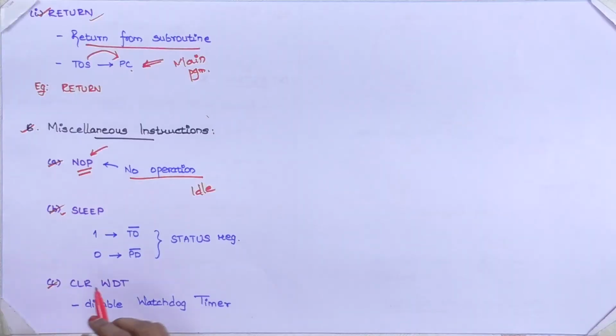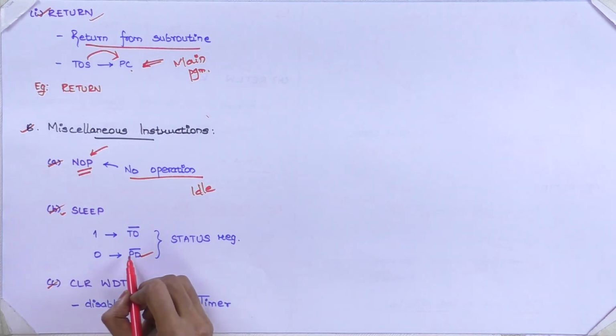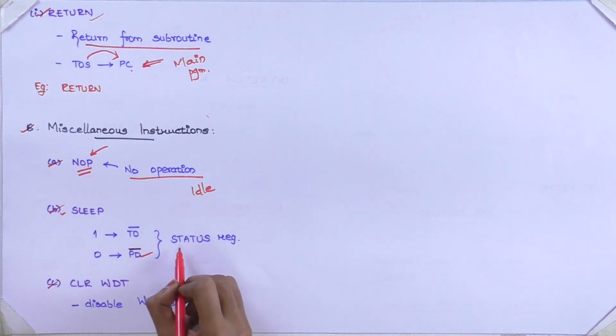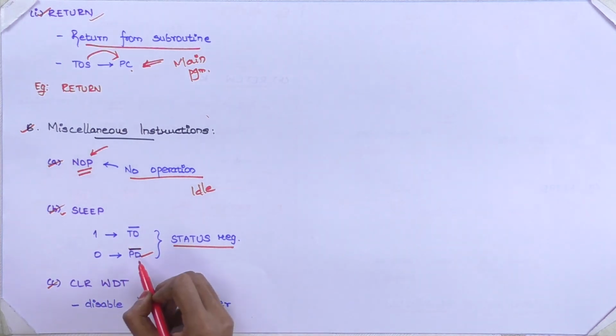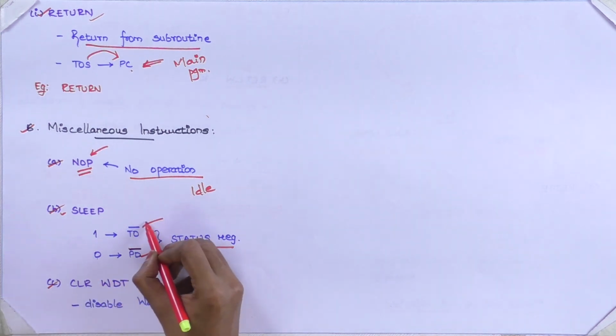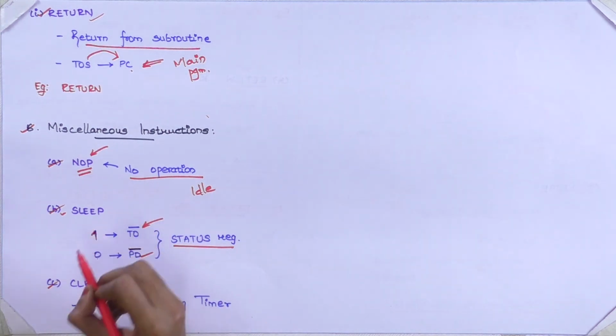That's the same case here. To reduce power, we use this sleep mode. If you give the instruction SLEEP, your controller will go to sleep mode, that is power down mode. When you use this instruction, automatically the PD bar bit, do you remember, one of the bits of the status register, will become 0 and the timeout bit will become 1.